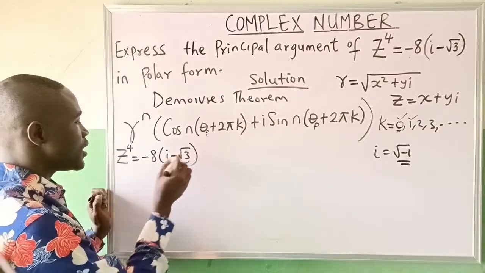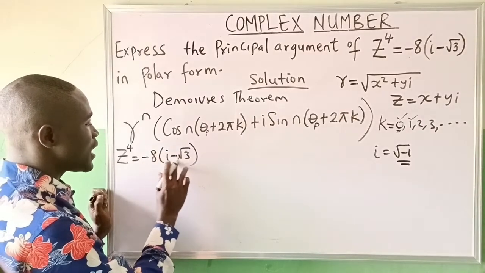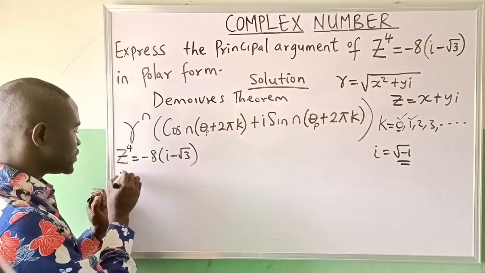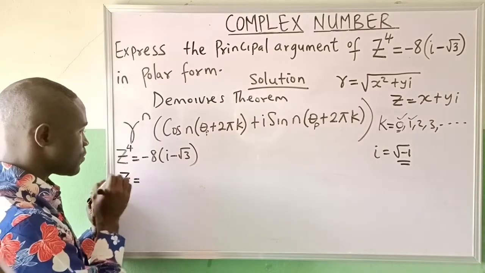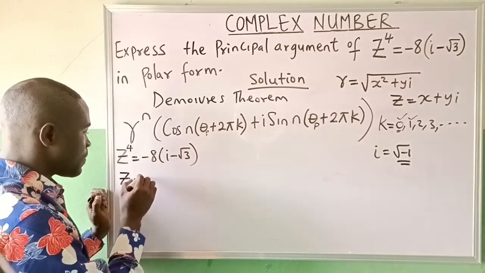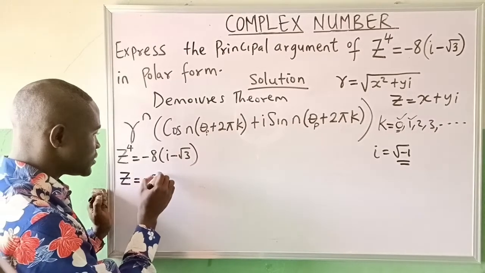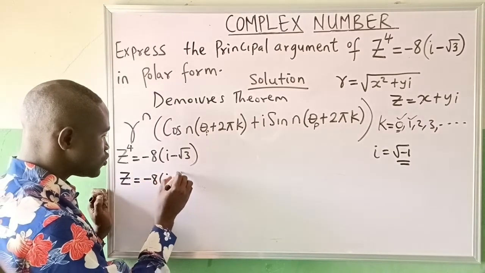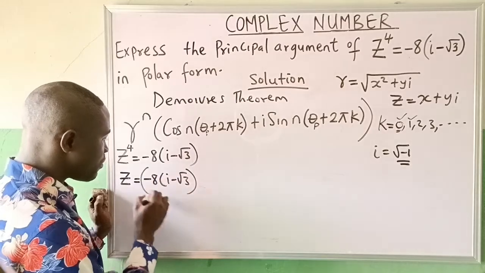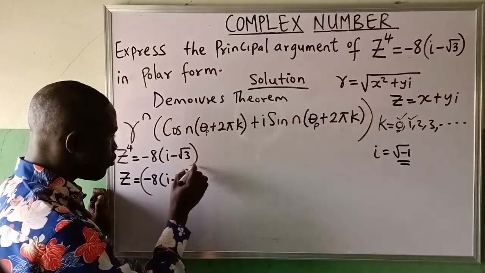So what we do here is that we now expand. We say z will be equal to minus 8 bracket i minus root 3 all raised to the power of 1 over 4.